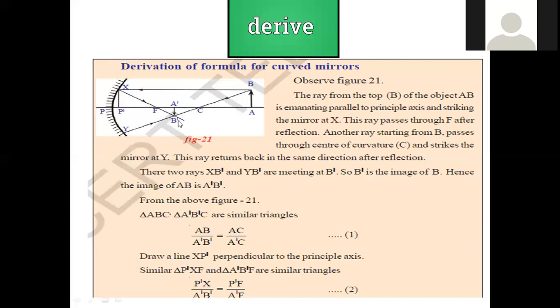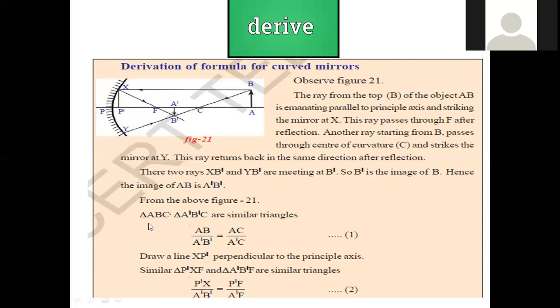So this is the point of convergence. B prime is said to be the point of convergence. B prime is the image of B. So here you will get the exact image of this AB object. Wherever convergence is there, you can get the image. So AB is the object, A prime B prime is the image of that one.